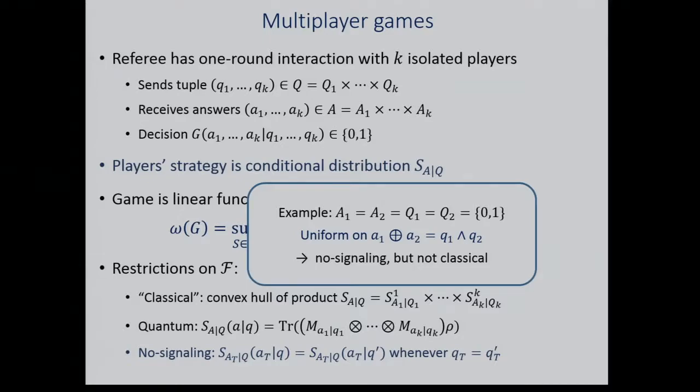Why is it no signaling? Because the marginal distribution on either side is uniform. You can check that because I'm always taking the uniform distribution over all pairs of bits that have a certain parity. And so the marginals are uniform. So it's definitely no signaling. But you can't write it. It doesn't fall in this convex hull. It doesn't even fall in this set. So then, there's no signaling distributions that are not classical or quantum.